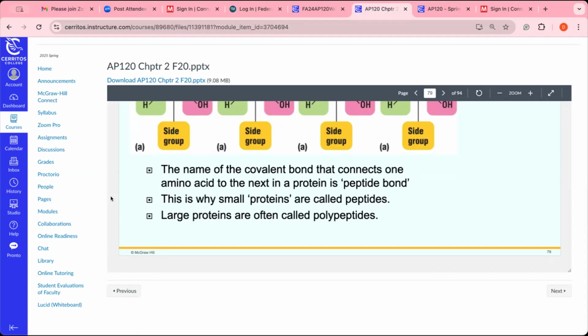This is why small proteins are called peptides. Large proteins are often called polypeptides. So it's a covalent bond. Remember, they're sharing at least a pair of electrons. If you have a small chain, you get a peptide. If you have a large chain, they're polypeptides.